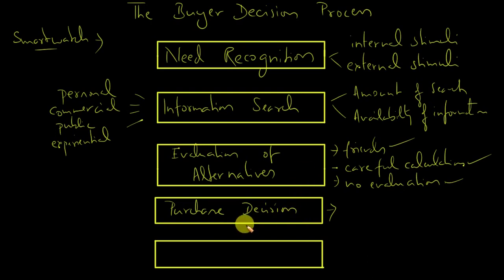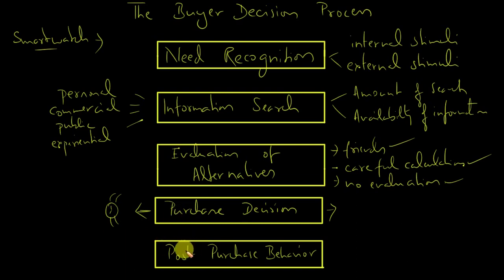The last stage which the customer goes through is post-purchase behavior. So let's say our customer has bought the most preferred smartwatch and the customer now owns a very nice smartwatch.